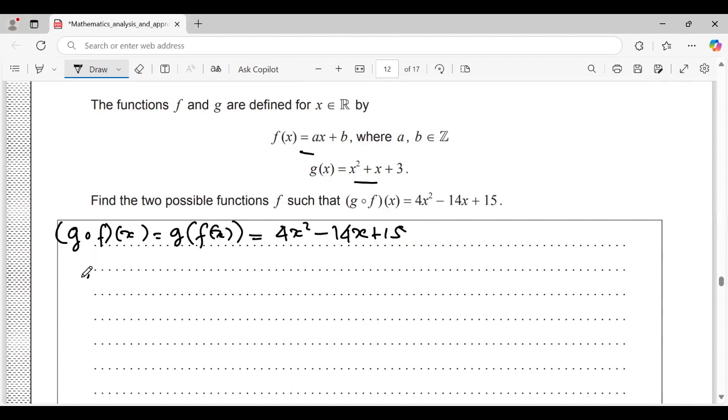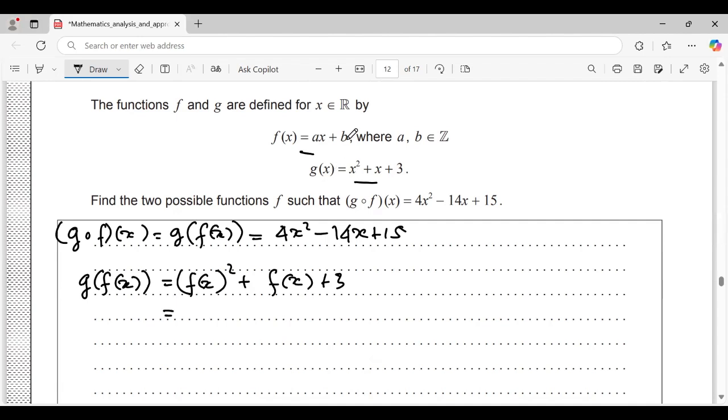So g of f of x, I'm going to write according to this information: g(x) is x squared plus x plus 3. It means f(x) squared plus f(x) plus 3 according to this information.